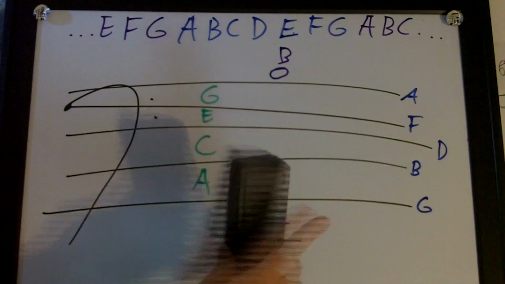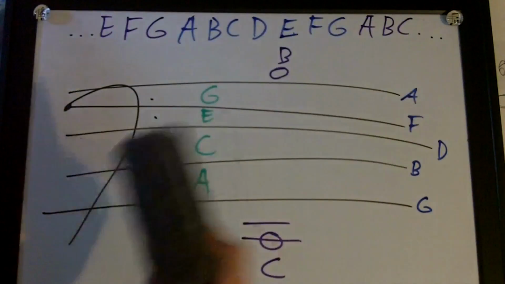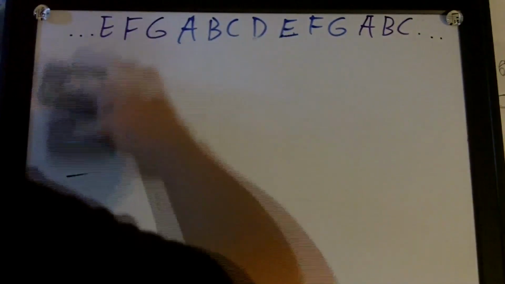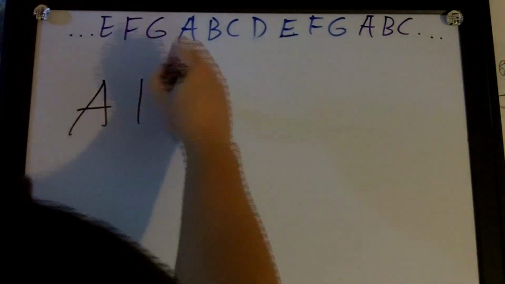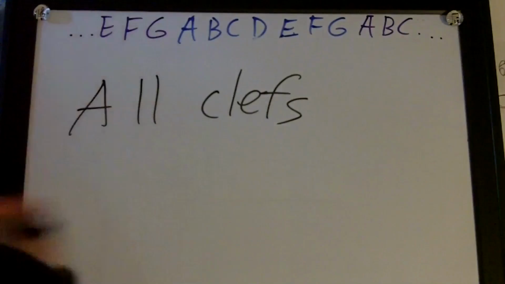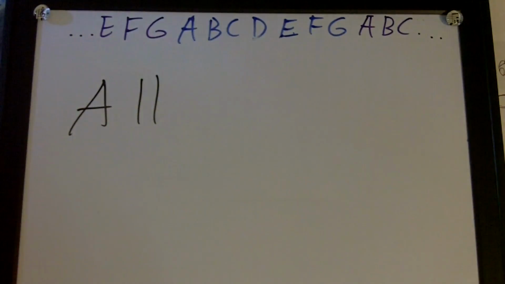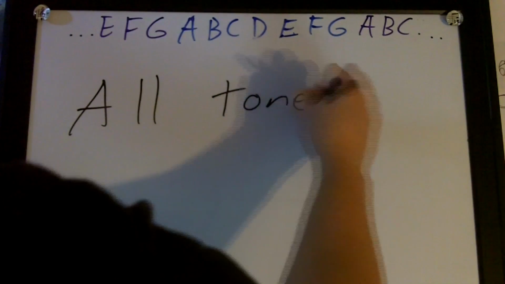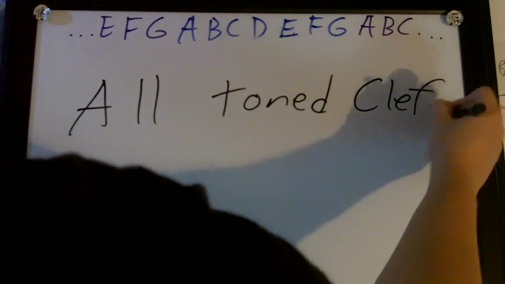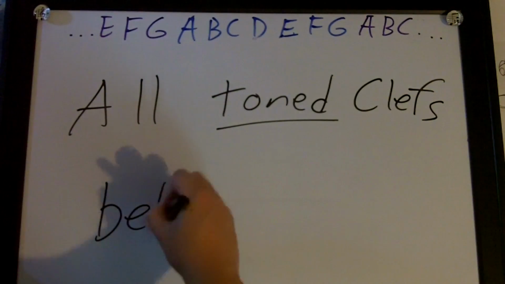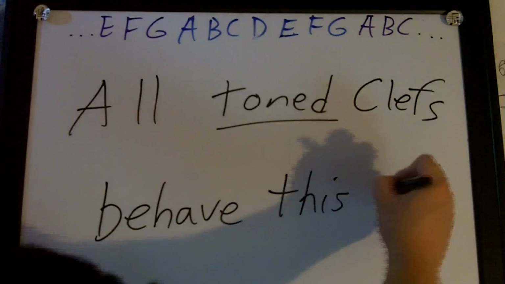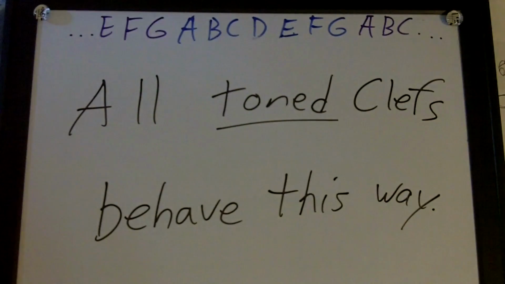Like a lot of things I've said in the past, this does not change. All clefs, well, hang on. Not all clefs. All toned clefs behave in this way. They have to.